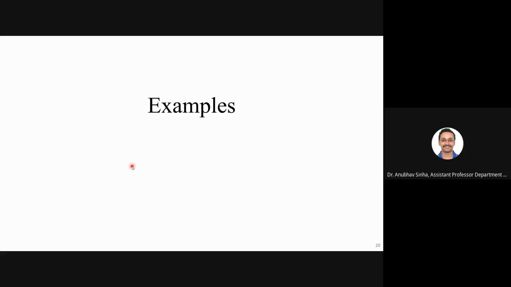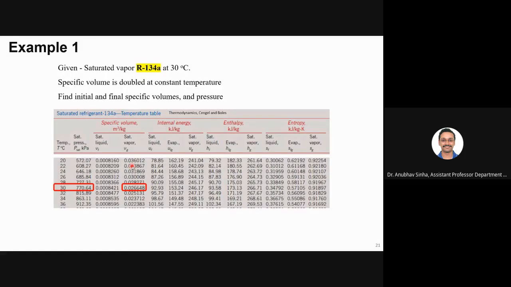Now let us take some examples and then I will quickly wind this up. Let us now come to examples which will be used for refrigeration systems. This is a very common refrigerant, R134a. Let us say I have saturated vapor at 30 degrees Celsius.